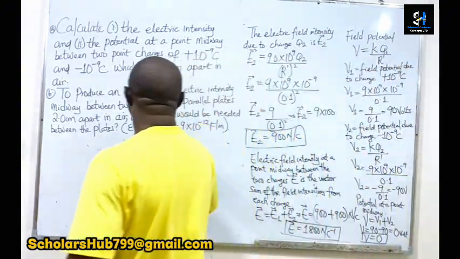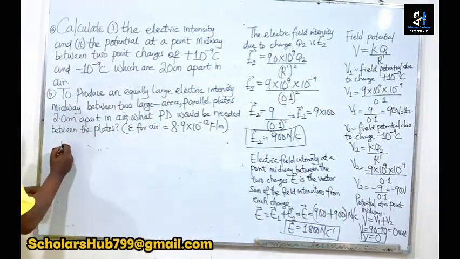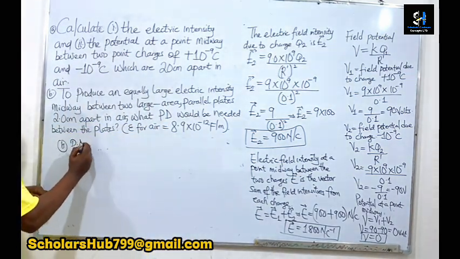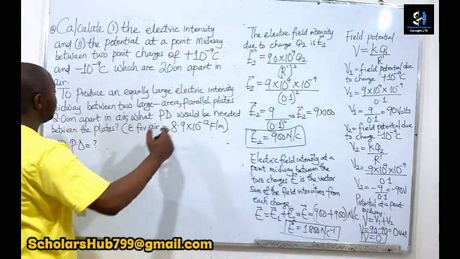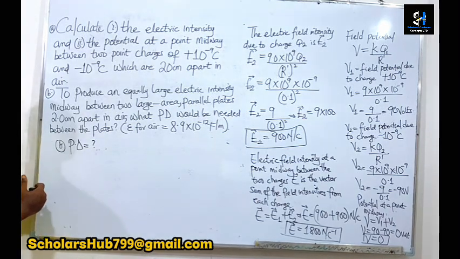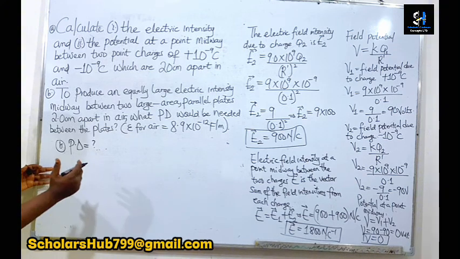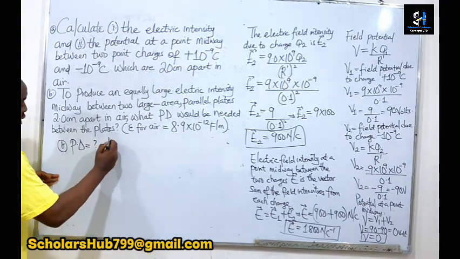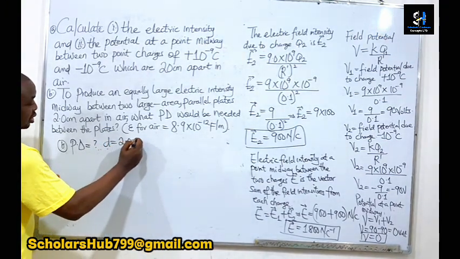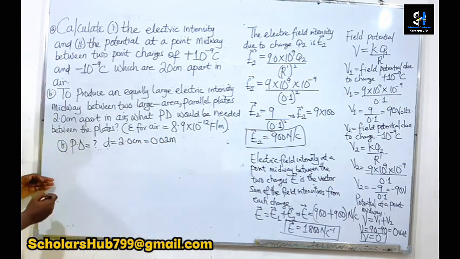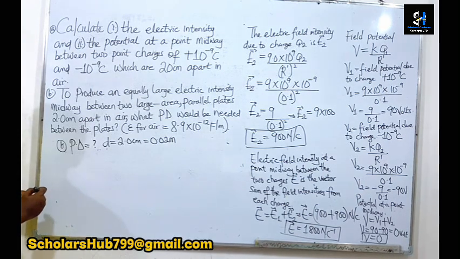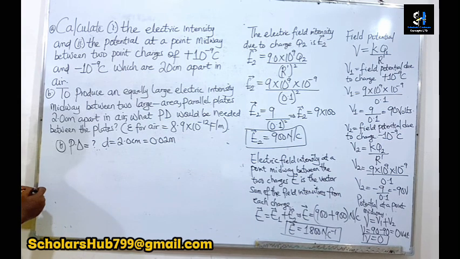So the distance is 2.0 centimeter, and this is the same thing as 0.02 meters. What potential difference would be needed between the plates?